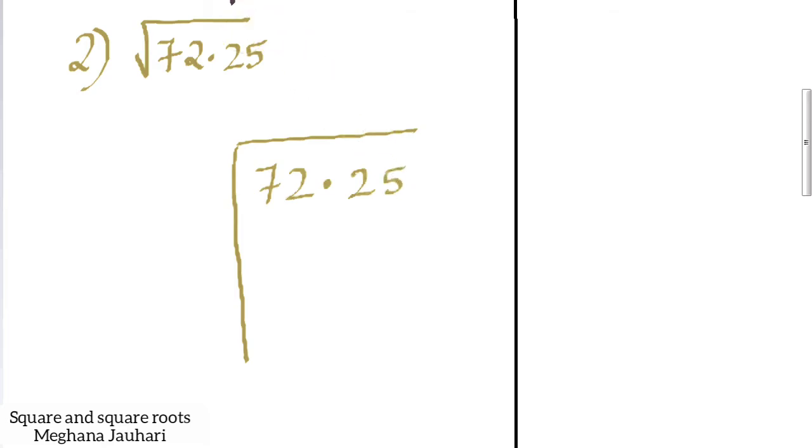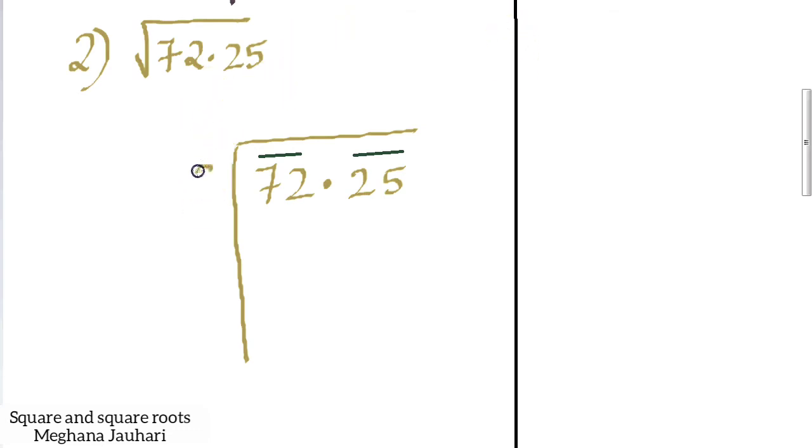Before the decimal, we have ones to tens. This is our first pair, and after the decimal, we have the decimal part starting from tenths to hundredths. Clear? Now we are going to find a number whose square should be less than or equal to the pair of the whole number, that is 72.